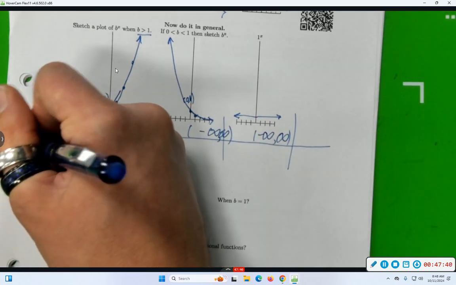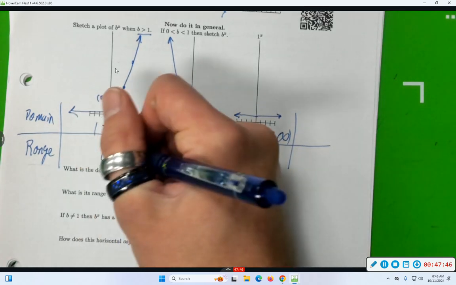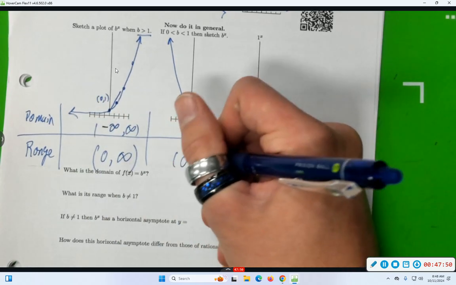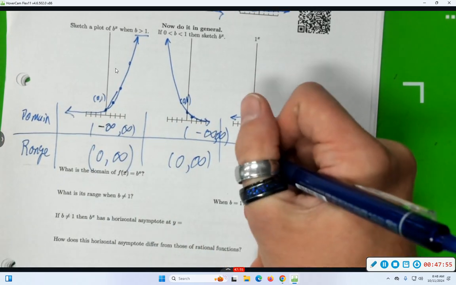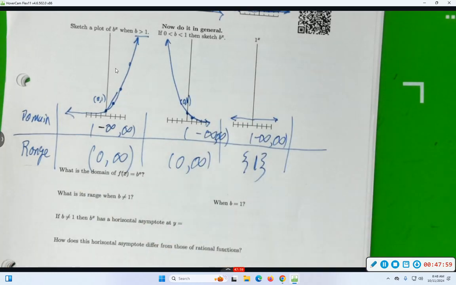What about the range? Zero to infinity. And did you say include or exclude 0? Nice. And the same there. What about 1 to the x? What's its range? 1 is the only output value it takes.